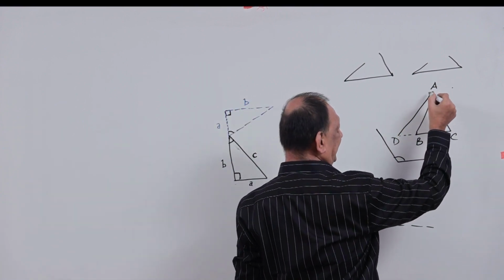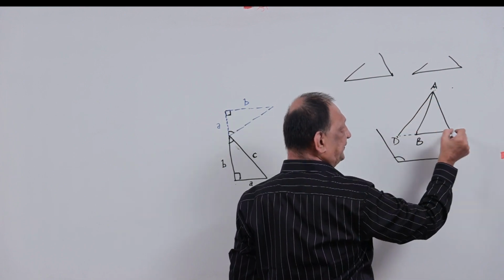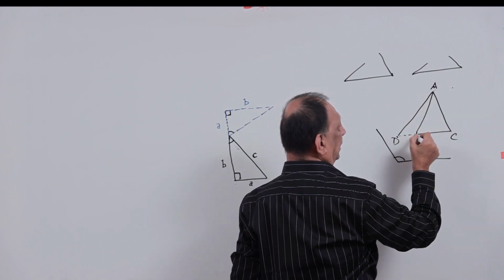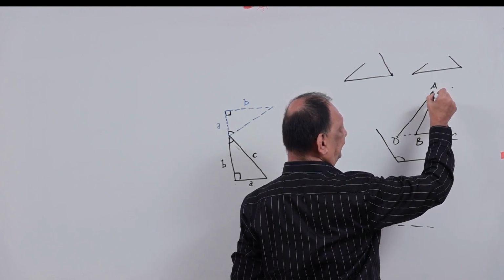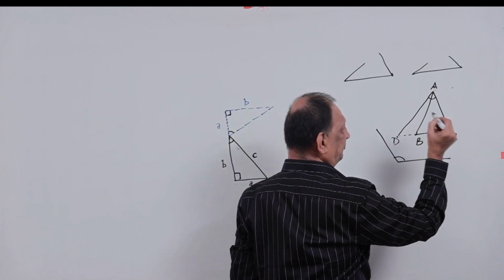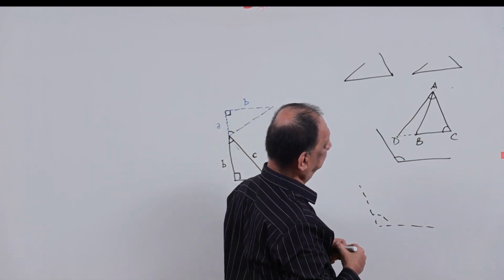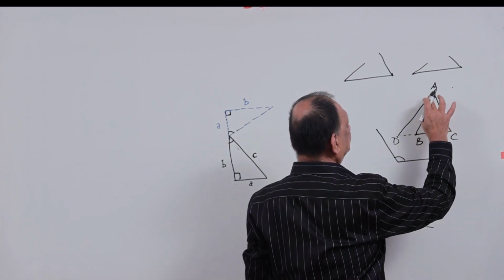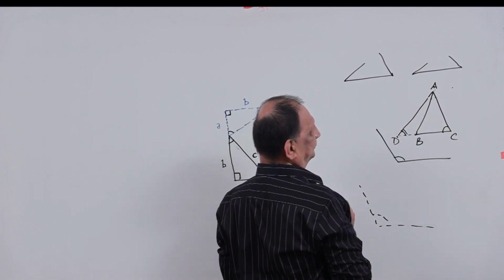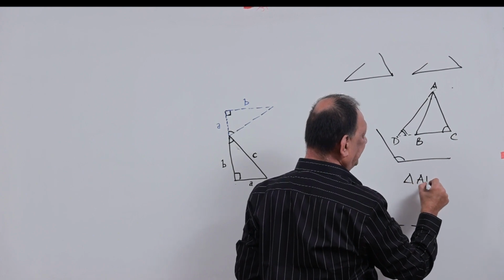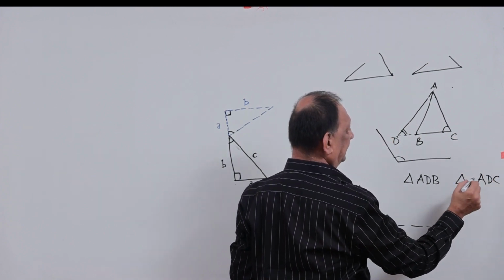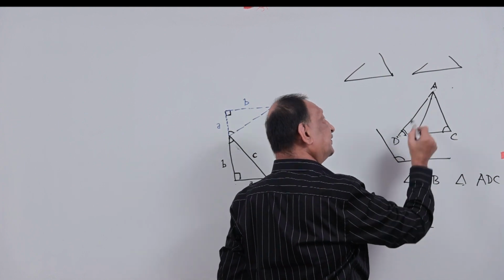Now, if you look at the two triangles ADB and ADC, angle D is common for both.